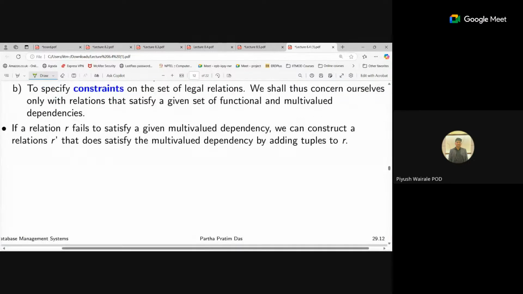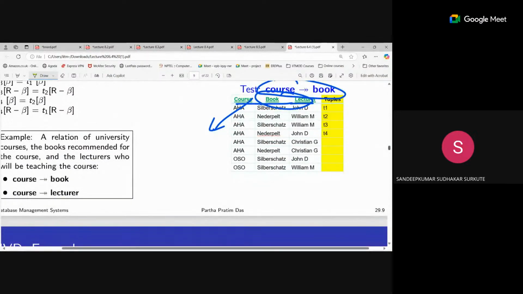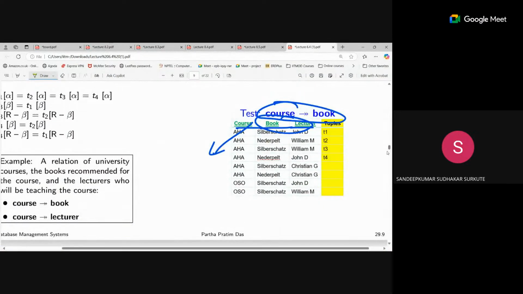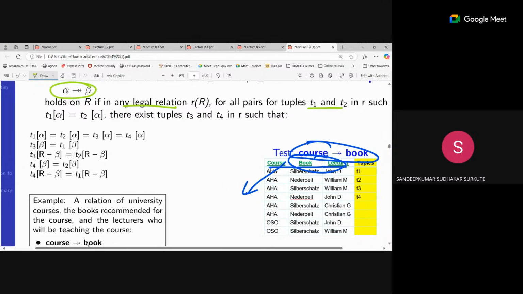The identities are clear to me, but the checking for 4NF part is not clear. Alpha is never going to be the super key. That's my whole argument: the moment alpha is multi-determining something, alpha alone is never going to be the super key. So then why check for alpha to be a super key?